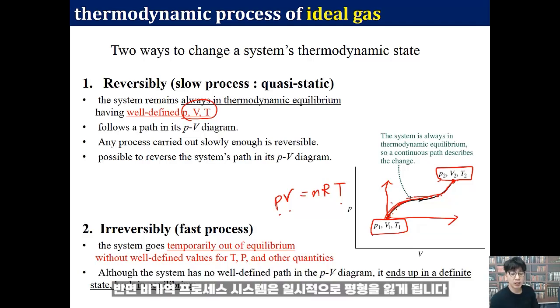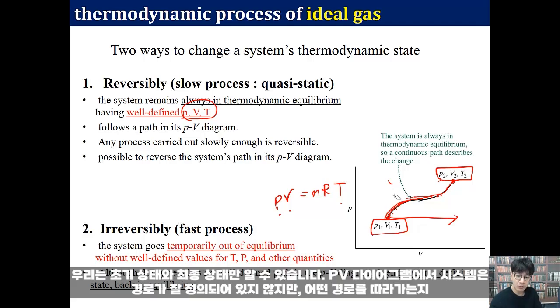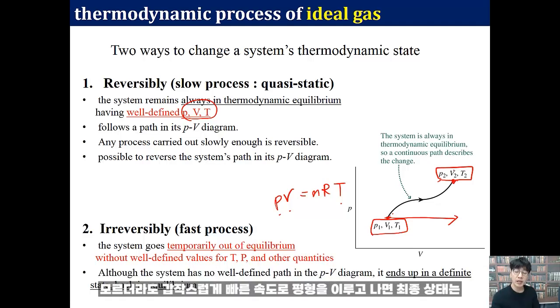On the other hand, in an irreversible process, the system goes temporarily out of equilibrium. That means we don't know the path, because the parameters P, V, T are not well defined during this process. We only know the initial and final state. Although the system has no well-defined path in the PV diagram, it later ends up in equilibrium.